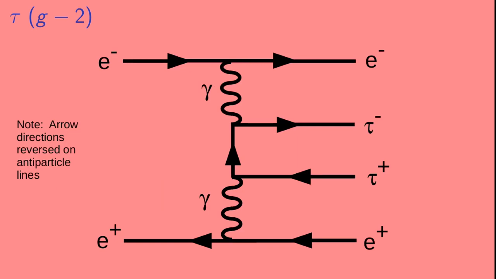Okay, so here's the process that DELPHI looked at. They looked at e+ e- colliding to make e+ e- tau+ tau-. So basically what's going on in this diagram is that you have an electron and a positron coming in from the left-hand side of the page. Each of them radiates a photon, and then those 2 photons collide to make a tau+ tau- pair.